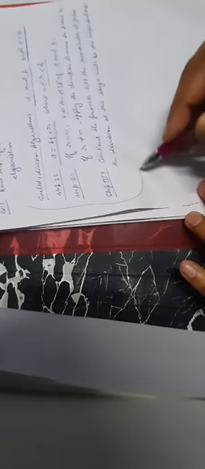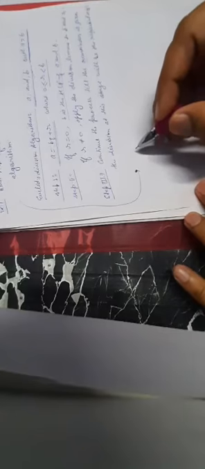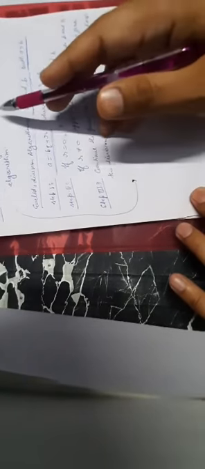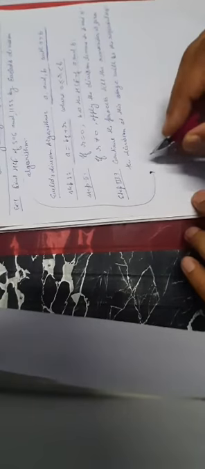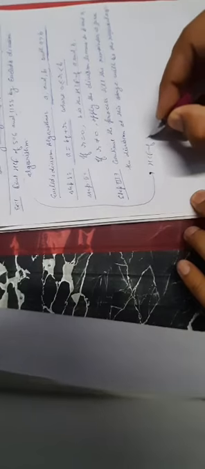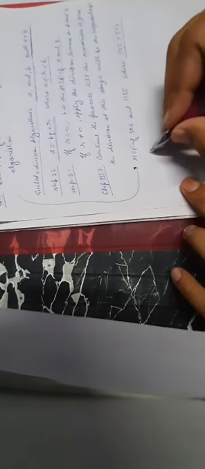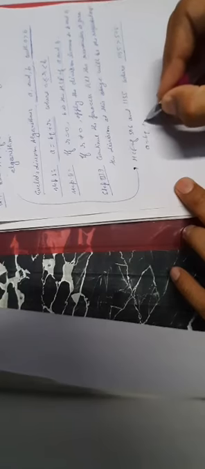Now we take the example first. Find the HCF of 506 and 1155, where 1155 is greater than 506. Then use the Euclid division lemma, a is equal to bq plus r.